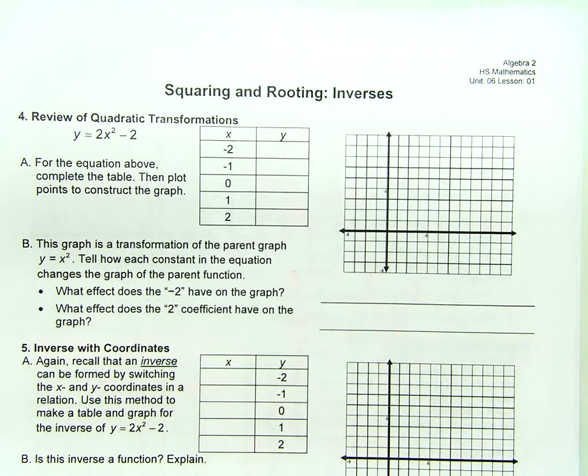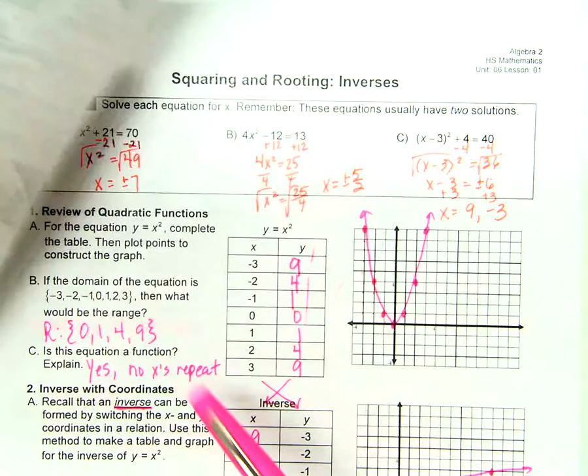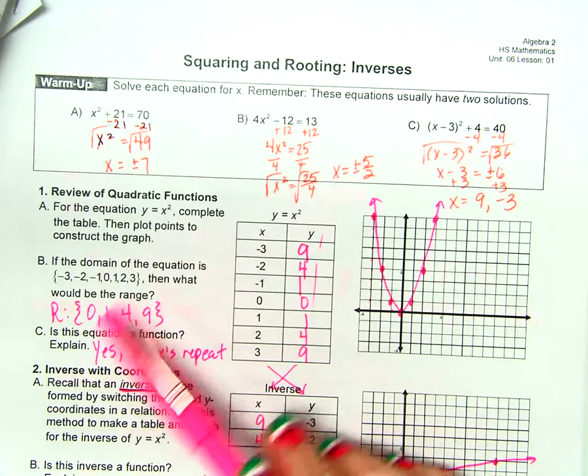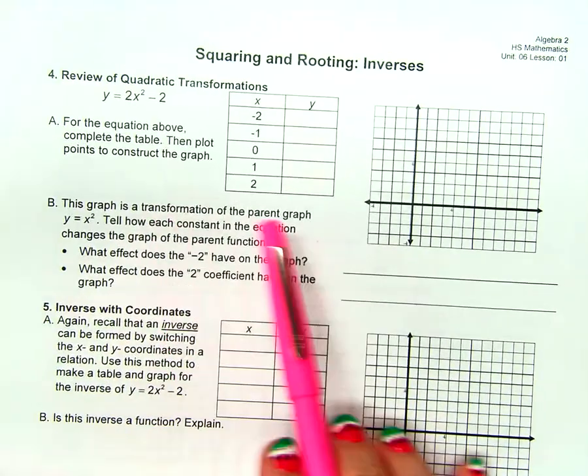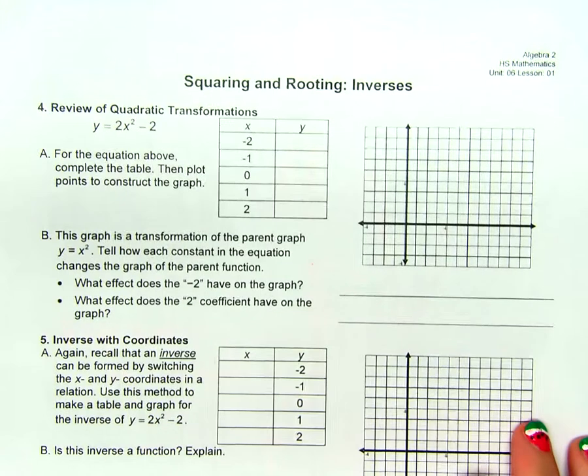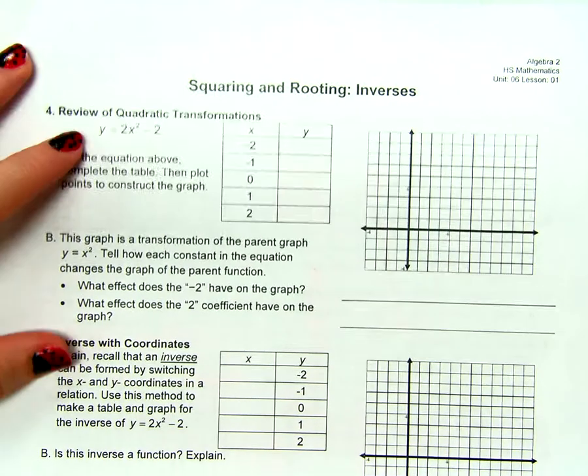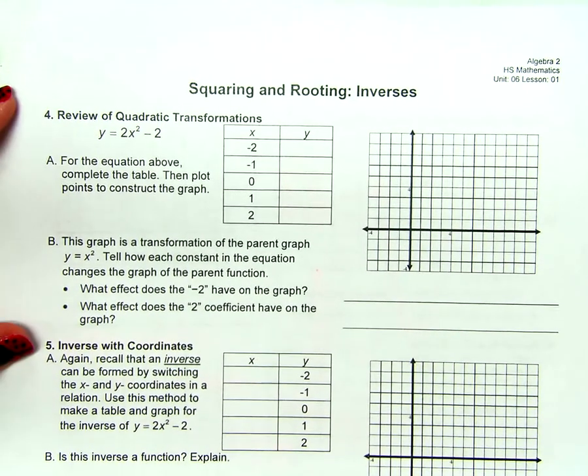So again, remember how we used our knowledge of quadratic functions and we use that in the next couple questions? Let's review our quadratic transformations. So this is the equation right here. Fill in the table for me.